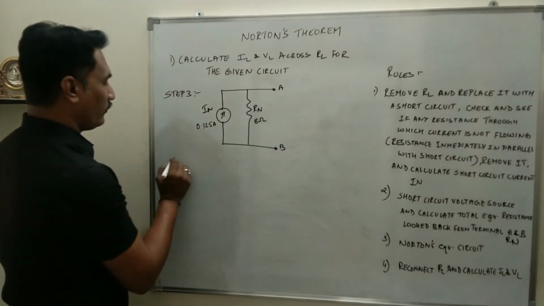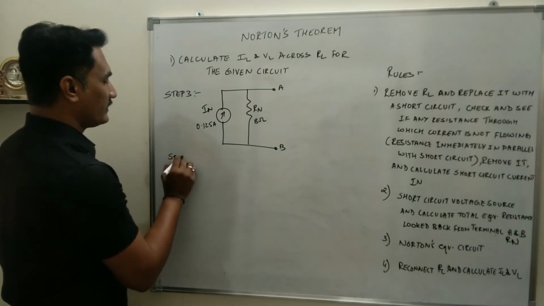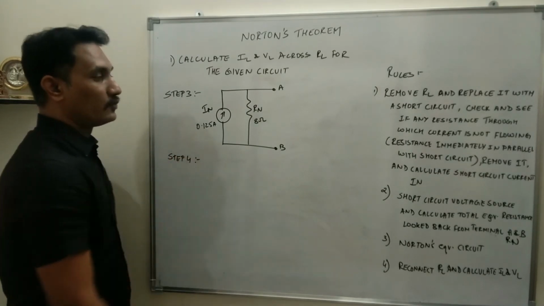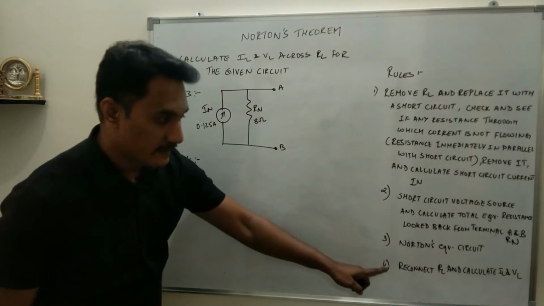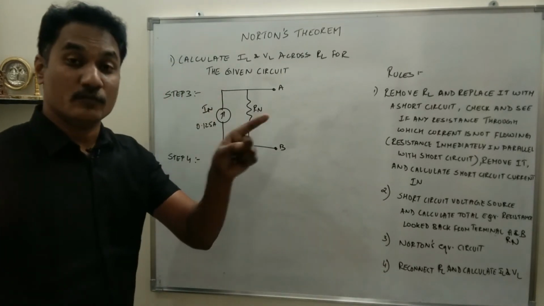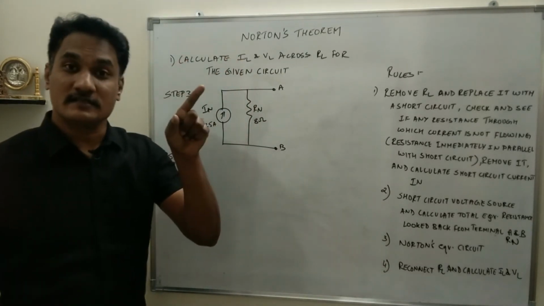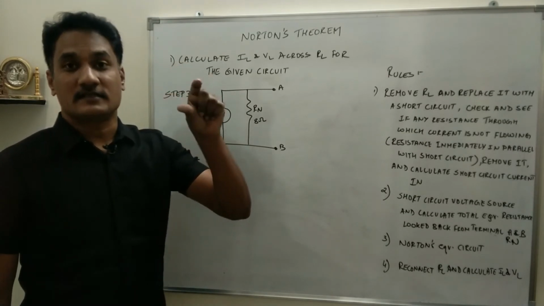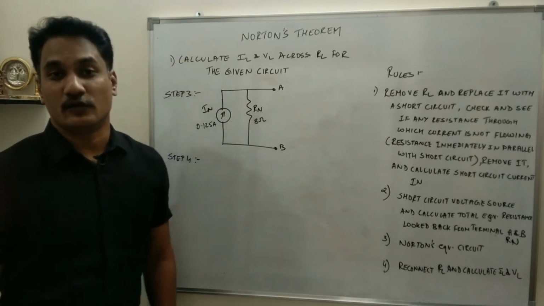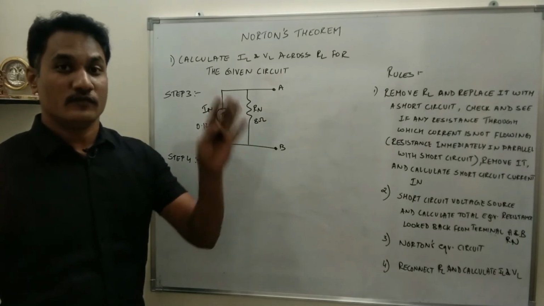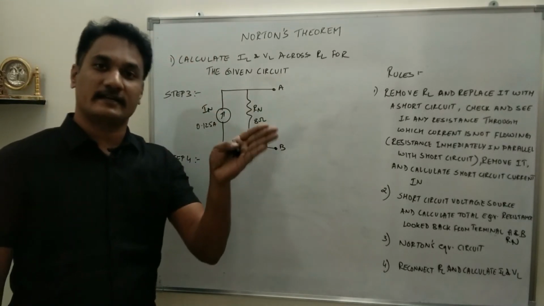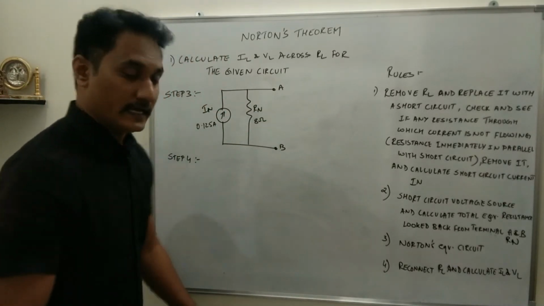And then at the fourth step, you have to reconnect RL, that means the resistance which we have removed in the first step, the resistance of which we need to calculate the current and voltage. We have removed in the first step. We will reconnect RL and calculate IL and VL.